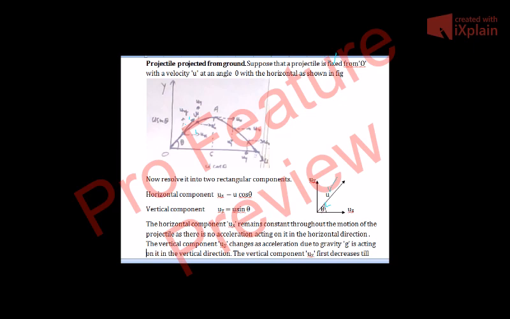So no force is acting in the horizontal direction, no force is pulling it backwards, no force is pushing it forward. So ux will remain constant throughout the motion of the projectile, as there is no acceleration, that is, no force acting on it. Because if we want to increase the velocity of the body, we have to accelerate it, and if we want to accelerate it, we have to apply a force.